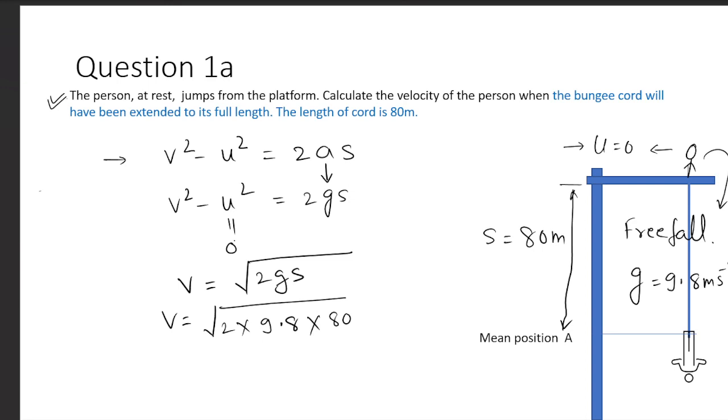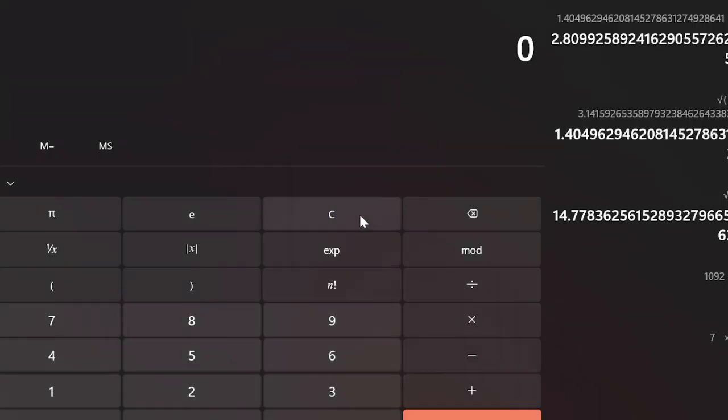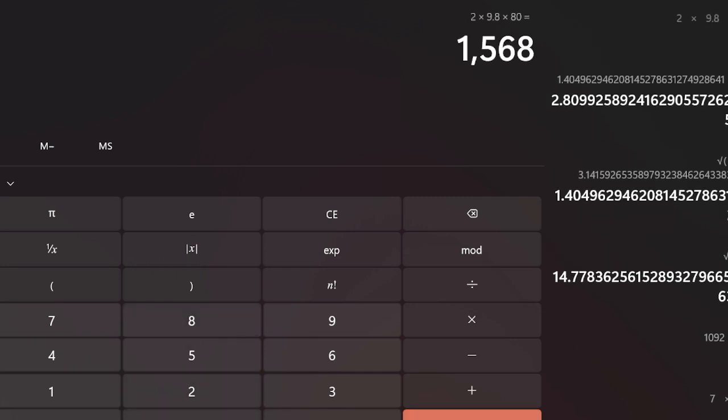So it's 80, and if you do the calculation, let me do the calculation here: 2 into 9.8 into 80. So we are getting 1568, and let's take the root of that.